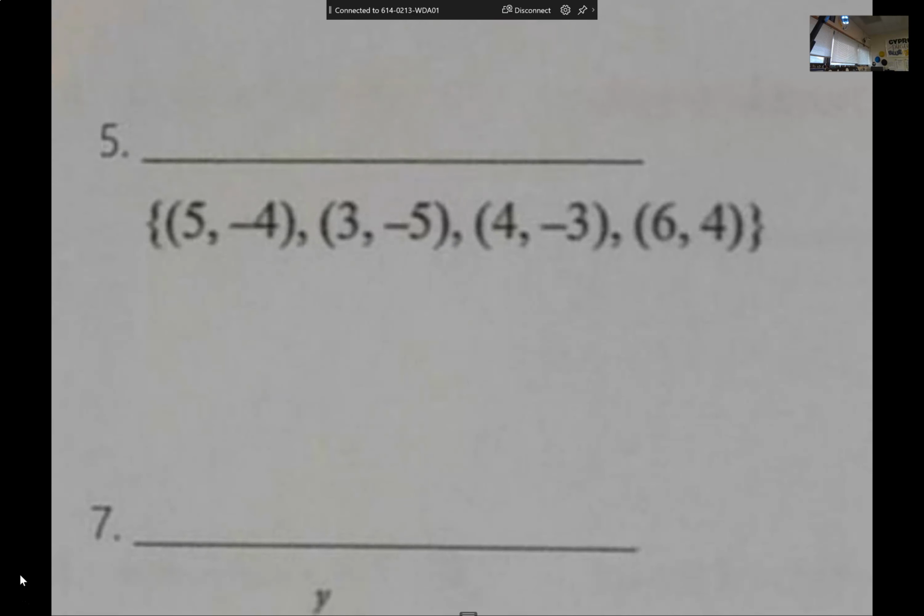Okay, show me what you guys are thinking.